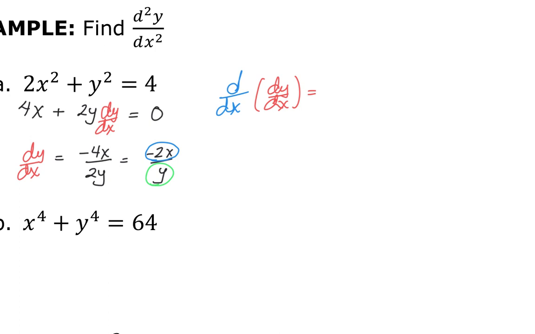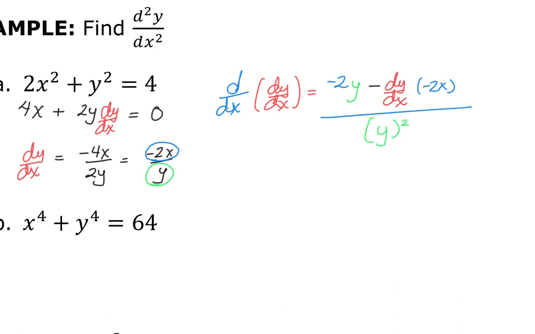The derivative of the u, the numerator, is just going to be -2 multiplied by my denominator, which is y. And it's going to be minus the derivative of the denominator, which will have a dy/dx, multiplied by my numerator, which is -2x, all divided by my denominator squared.